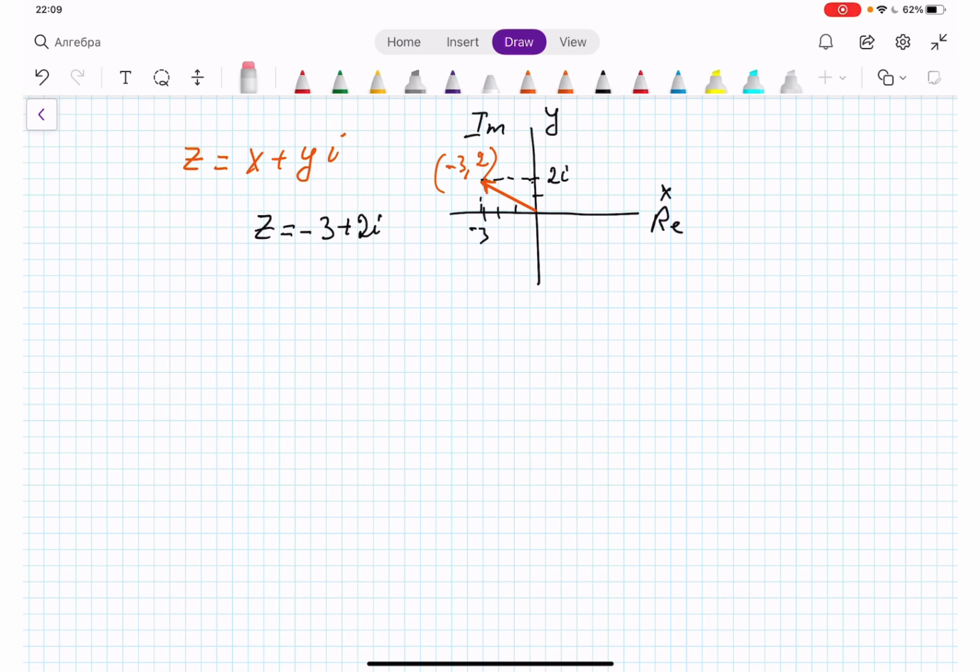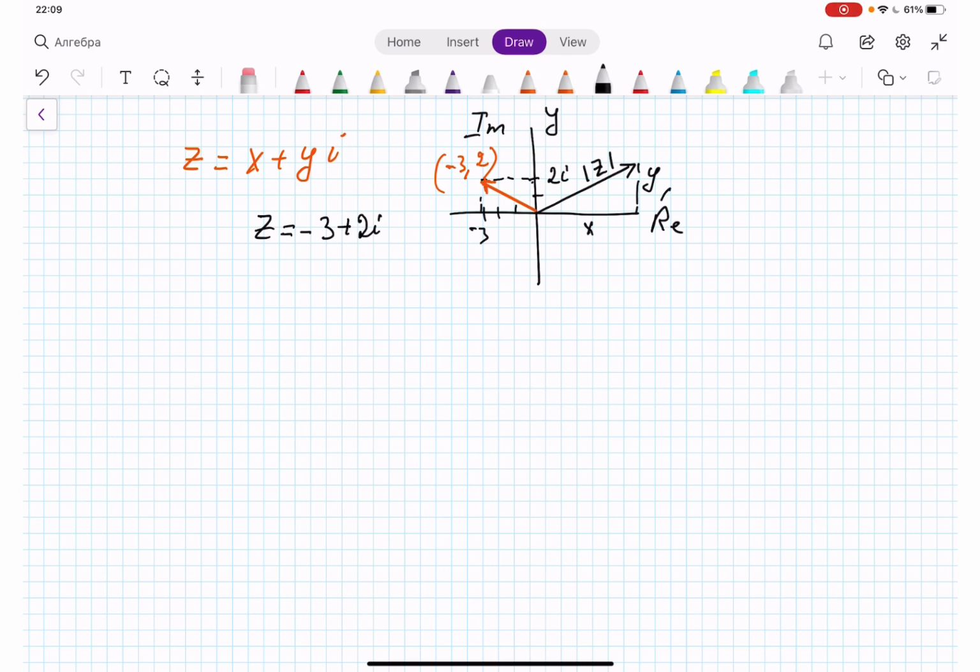And to find the length of the radius vector z, let me use x and y. This is our y. This is our x. And this is the absolute value of z, because we are finding length.